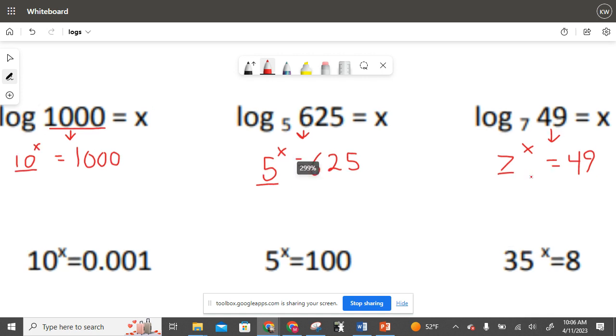So let's go from the easiest. 7 to what power is 49? Okay. So for this, we know that x here would have to be 2, because 7 squared would give you 49. And that's just solving it.